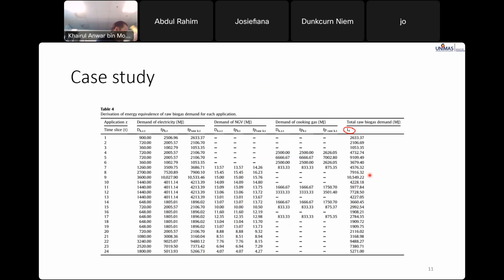So table 4 here refers to the raw data. We have a demand of electricity application. The application is demand of electricity, demand of NGV, natural gas vehicle, or demand of cooking gas. Then LT you get from calculating it. So LT is equal to the summation of FP for this demand. So we have 3 demands, you know.